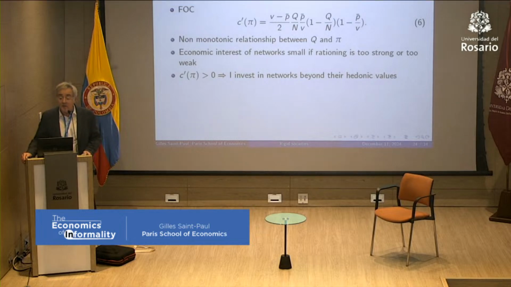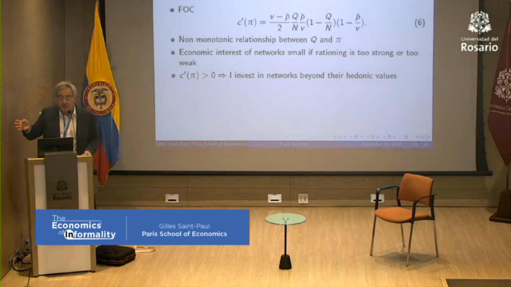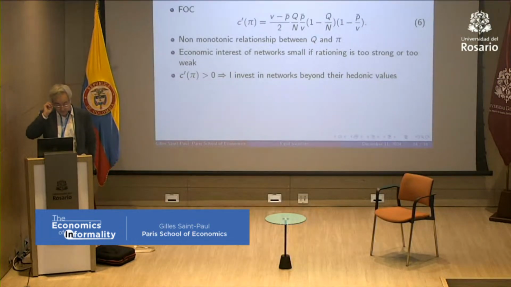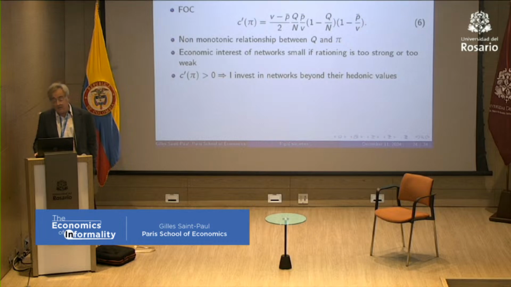You only meet people whom you like, okay? But in France, you spend plenty of time with people whom you dislike. There is this sort of ham-shaped relationship between the degree of rationing and C prime of pi, and also between Q and pi. Okay.